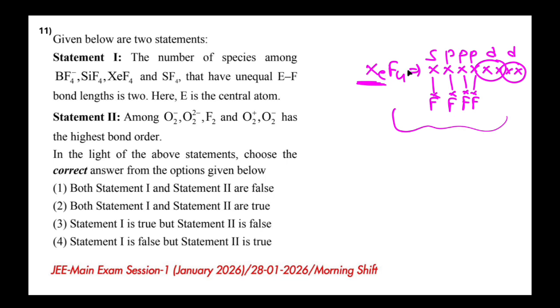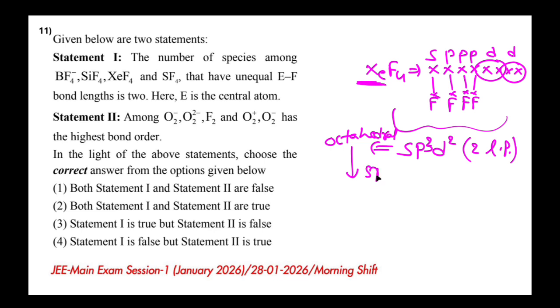So in XeF4, xenon undergoes sp3d2 hybridization containing 2 lone pairs. Originally sp3d2 is octahedral. With 2 lone pairs, this octahedral geometry is converted into square planar shape. So the XeF4 shape is square planar.